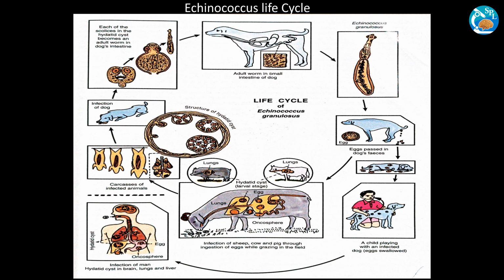Through the circulation, the eggs reach the lung or the liver and they develop into the hydatid cyst or the larval stage. When the dog eats meat of these herbivores, the larval stage transforms into the adult worm and the life cycle continues. So we see that man here is an accidental host.